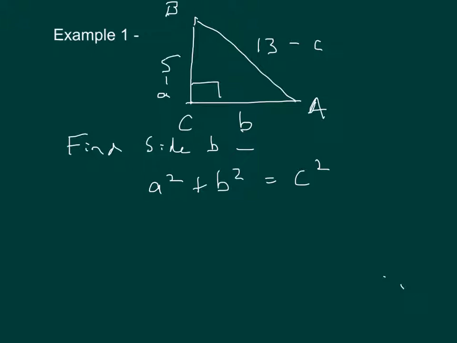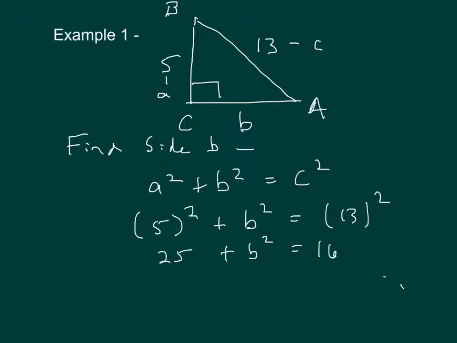We know A is 5, so we write 5 squared, plus B squared, which we're looking for, equals C squared. For some of you, these are common squares. So 5 times 5 is 25, plus B squared is equal to 13 times 13, which may be a little more difficult, but that is 169. Then we are trying to get B by itself.